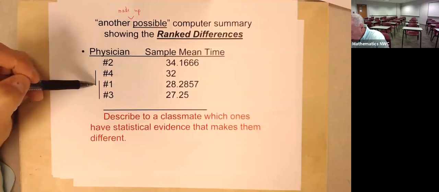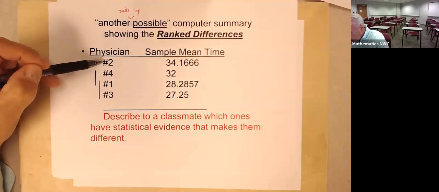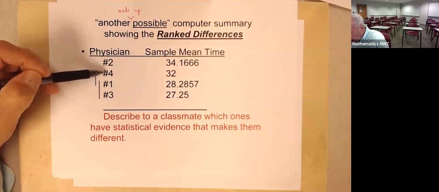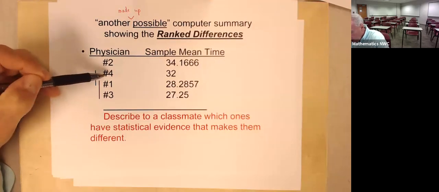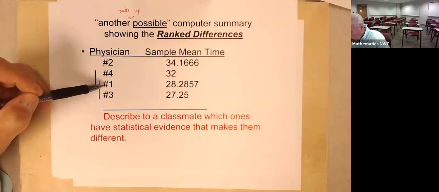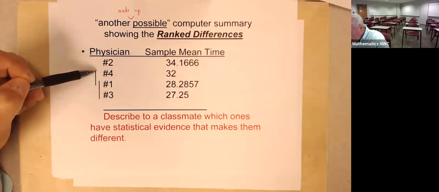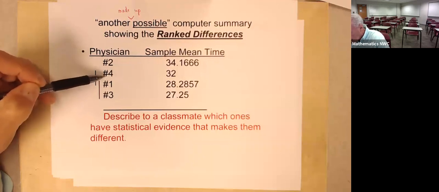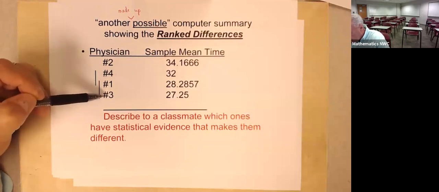Number 4 is connected to 1. So 4 would statistically be less than 2, it's not connected. 4 would be not statistically different from 1 because they're connected. 4 is not connected to 3, so 4 is statistically larger than 3. 1 is not connected to 2, so 1 would be statistically less than 2. 1 is connected to 4, so 1 is not statistically different from 4. 1 is also not statistically different from 3.